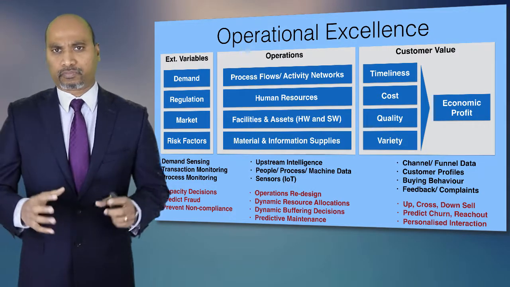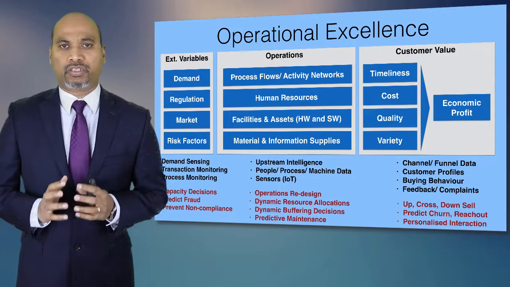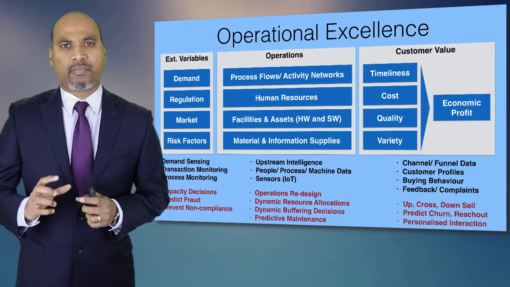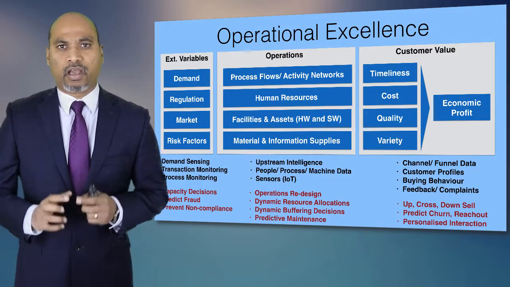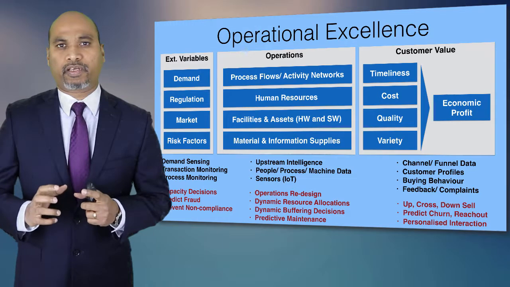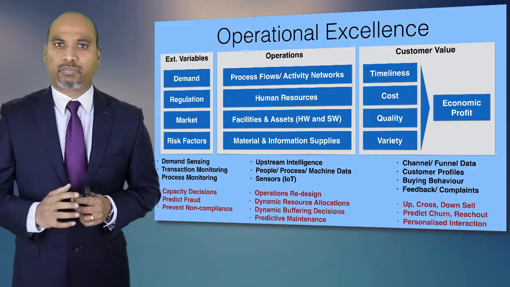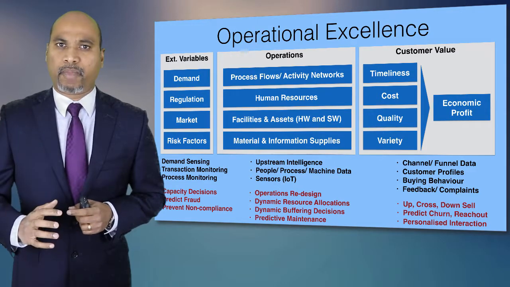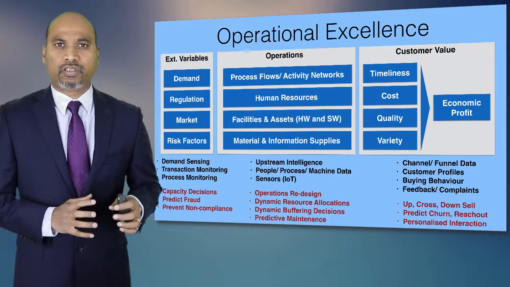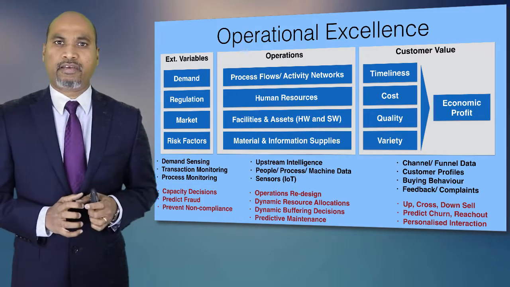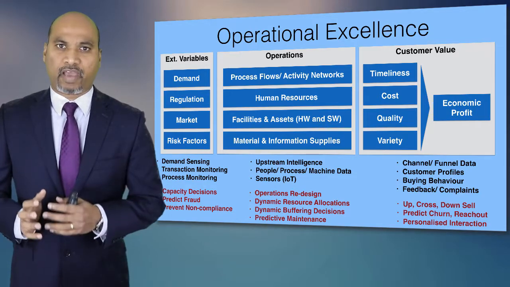So really, the way the framework should work is, our purpose is to determine the right set of variables: timeliness, cost, quality, and variety. How do we want to operate in that space to ensure that the competitive advantage is maximum and we deliver maximum economic profit? Once that strategy is determined, we need to ensure that the operations are designed to deliver those numbers and deliver that value.